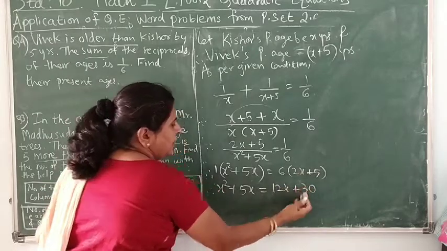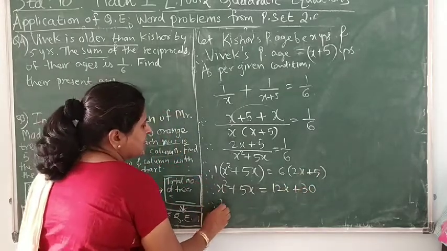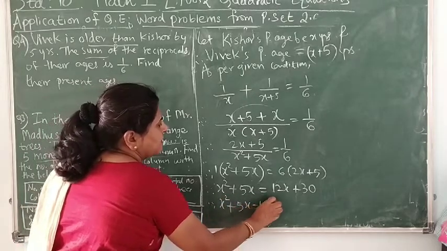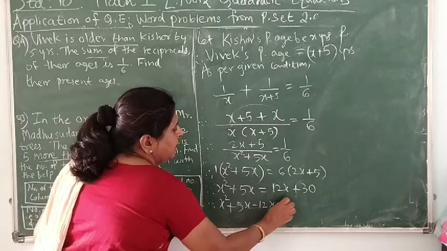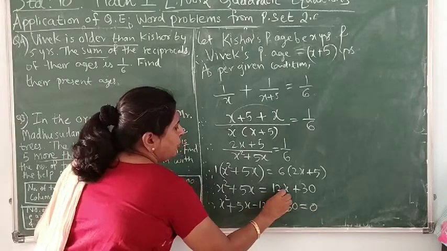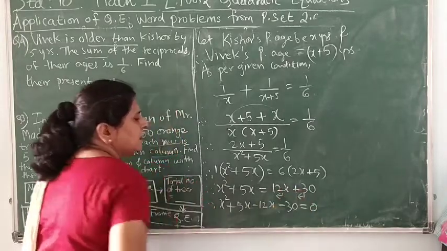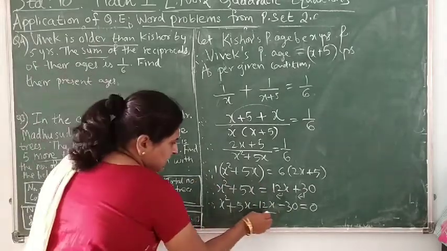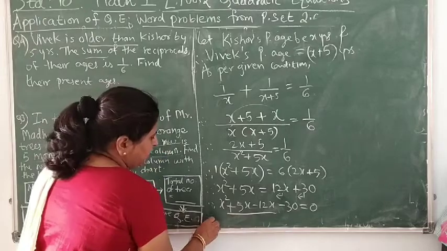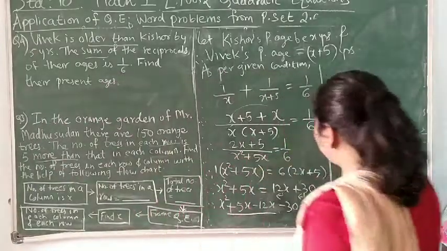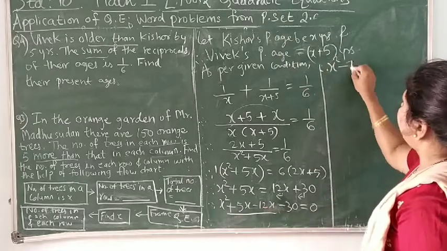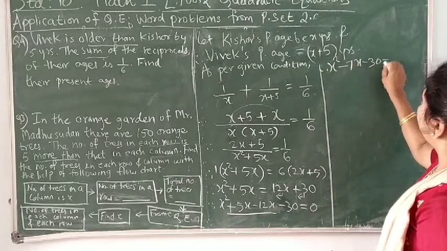Taking the terms over here, it is x square plus 5x minus 12x minus 30 is equal to 0. Both the terms are coming to the left hand side, we change their signs, both plus will become minus. Collect these like terms, what you will get? Therefore, x square minus 7x minus 30 is equal to 0.